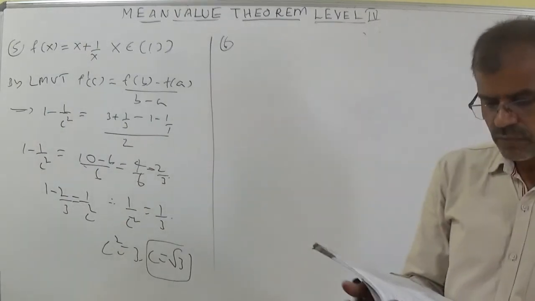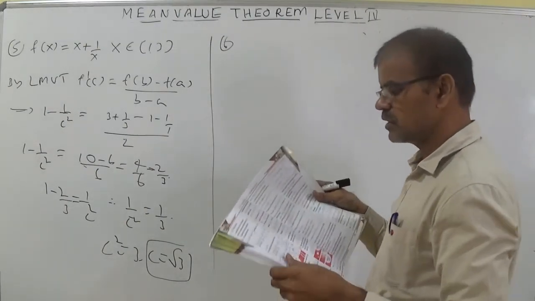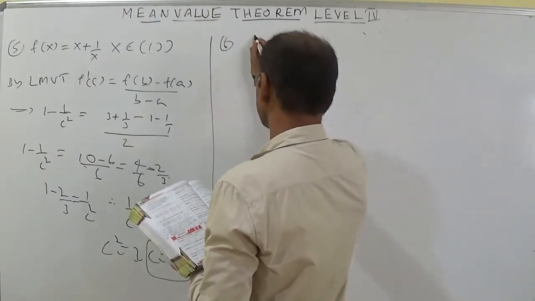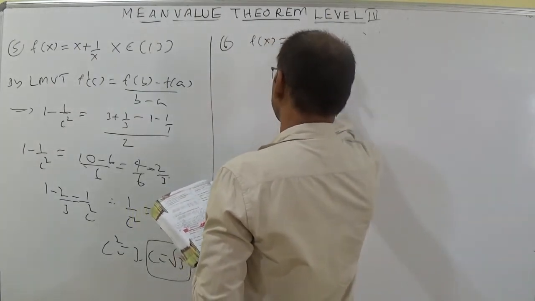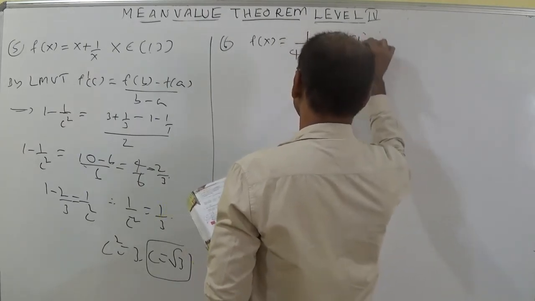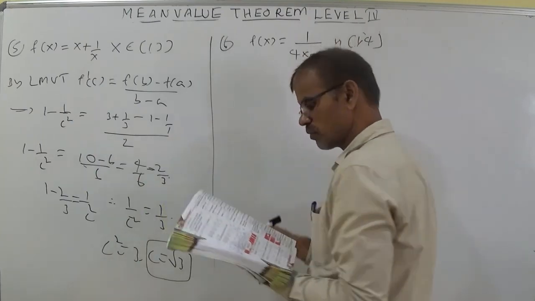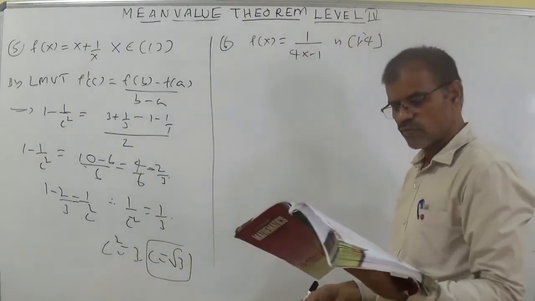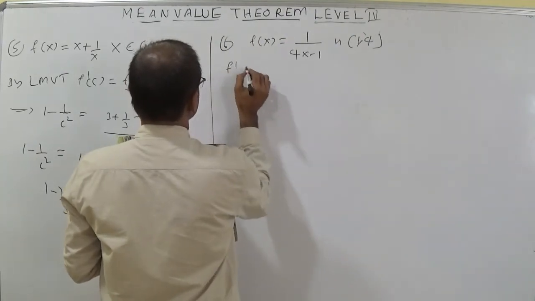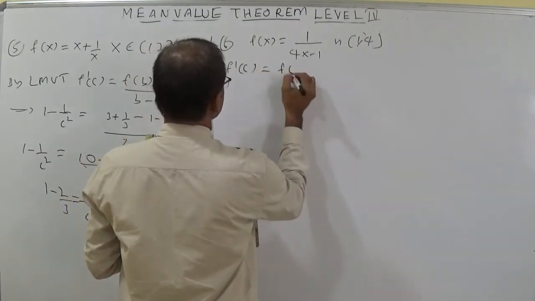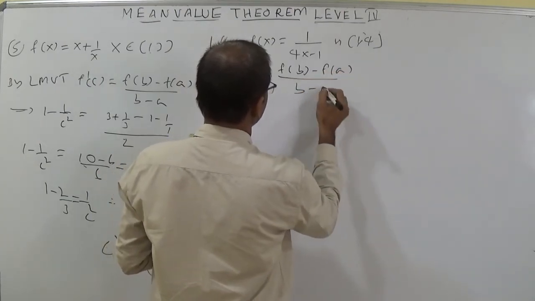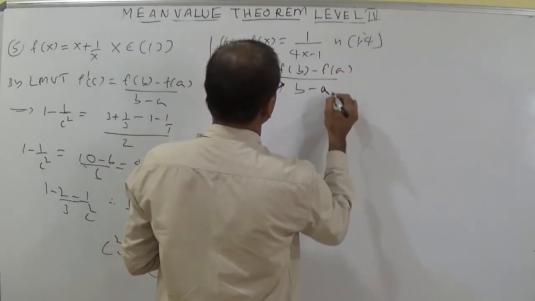For the mean value theorem for the function f of x equal to 1 by 4x minus 1 in the closed interval 1 comma 4 given. Let us discuss the formula: f dash c is equal to f of b minus f of a whole by b minus a.